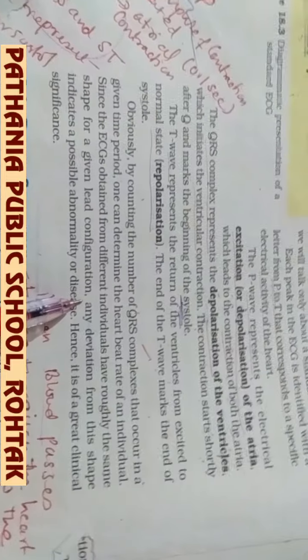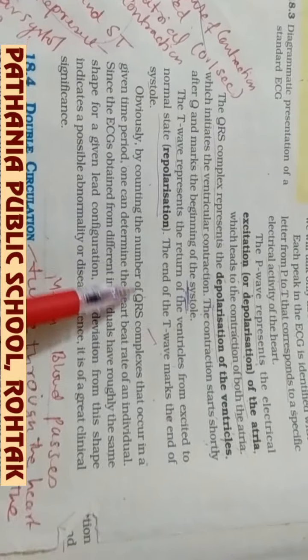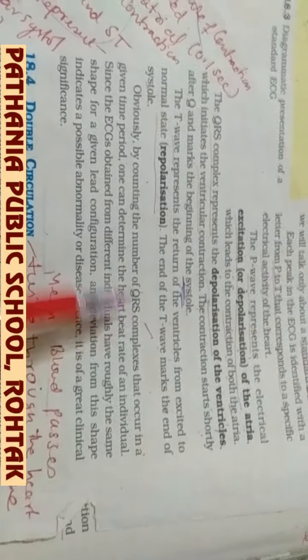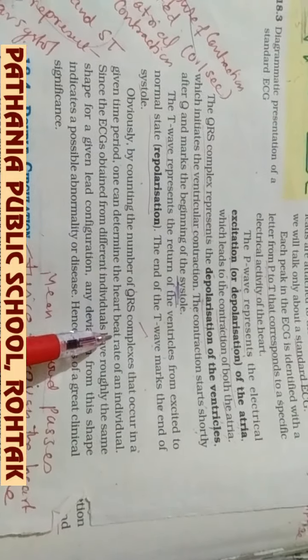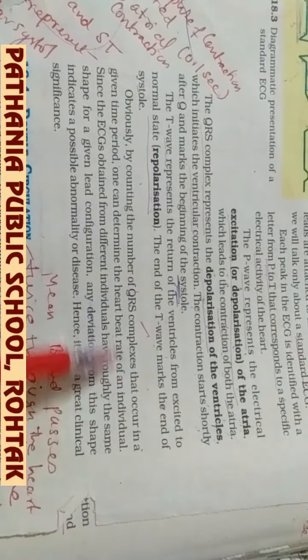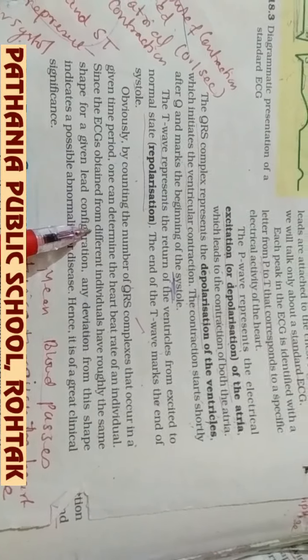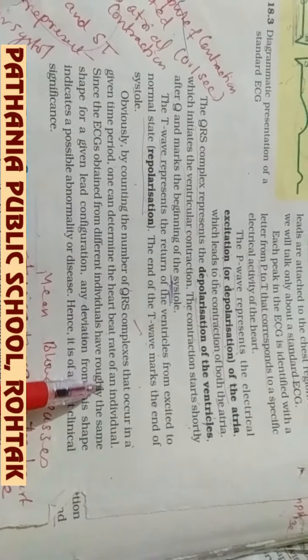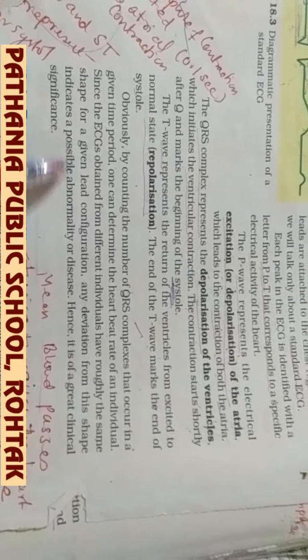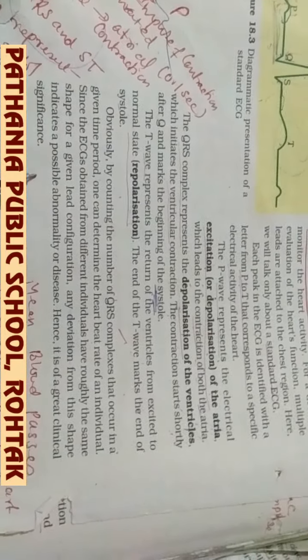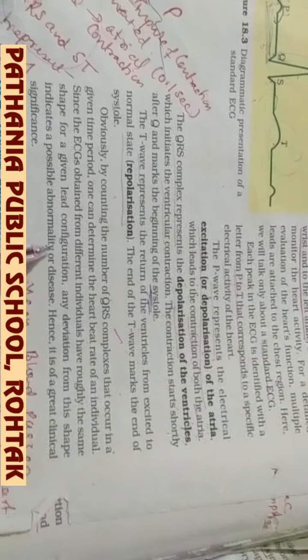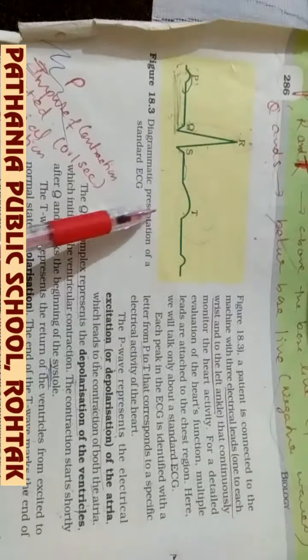So it is written that counting the number of QRS complexes that occur in a given time period can determine the heartbeat of an individual, and ECGs obtained from different individuals are roughly the same shape for a given configuration, and any deviation from this shape indicates the possibility of abnormality.